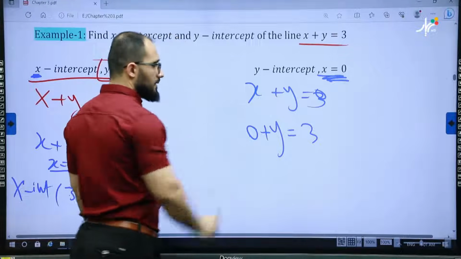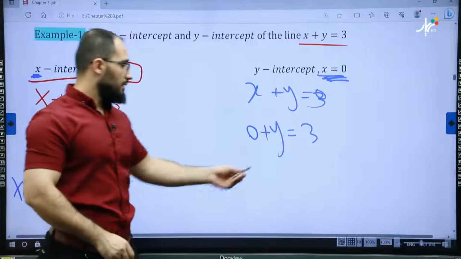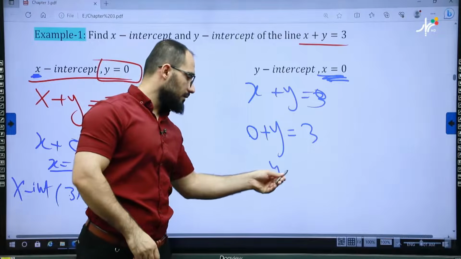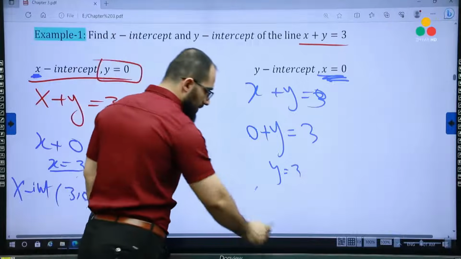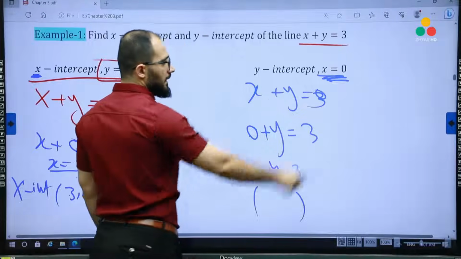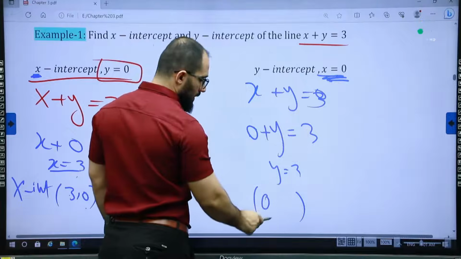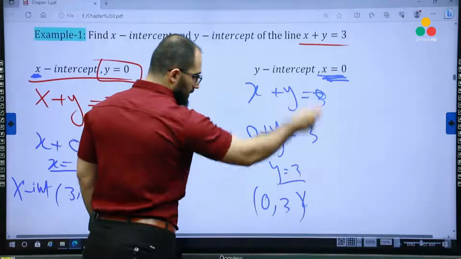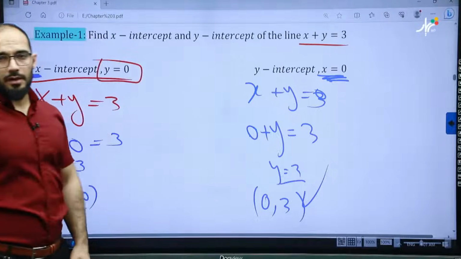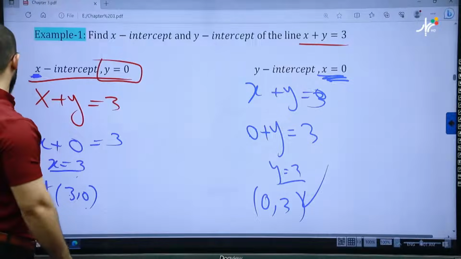So 0 plus y is equal to 3, then y is equal to 3. So the y-intercept is x is equal to 0 and y is equal to 3. That's why this is the y-intercept.